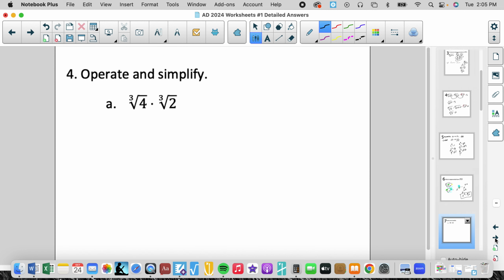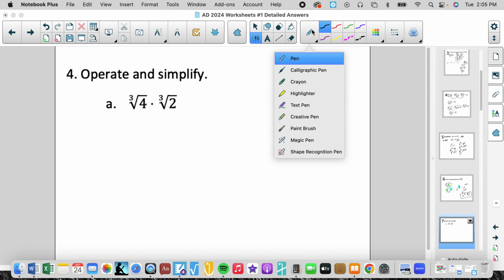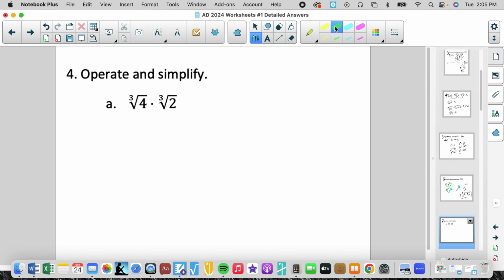You see why I like radicals? Because it's super fun and challenging. So there's 2 ways we can tackle this. Since they are the same exponent and being multiplied, let's use this.